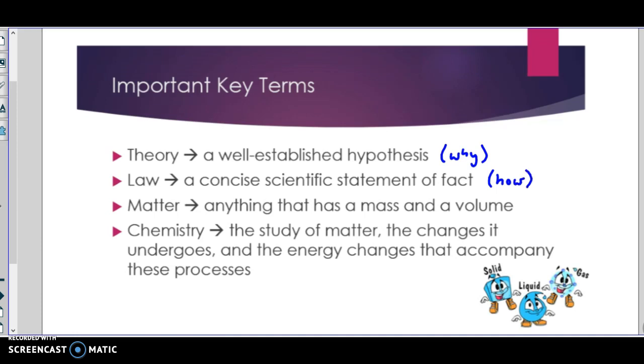Matter is anything that has a mass and a volume. Volume can often just be defined as something that takes up space. And finally, the whole purpose of our class, chemistry, is the study of matter, the changes it undergoes, and the energy changes that accompany the process.